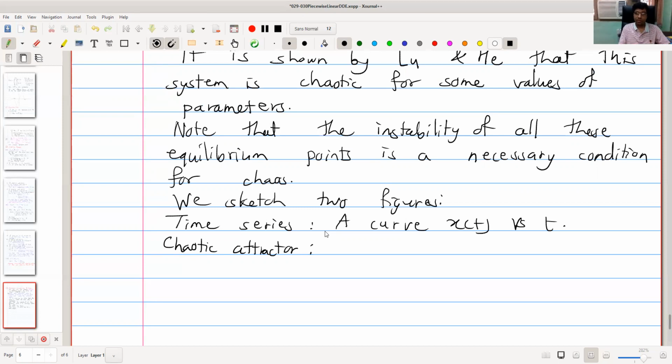We consider a parametric plot of x of t and x of t minus tau. Horizontal axis is x of t, vertical is x of t minus tau. We get a parametric sketch, and when the system is chaotic, this sketch is called the chaotic attractor.